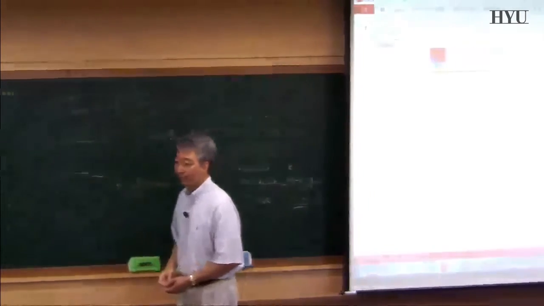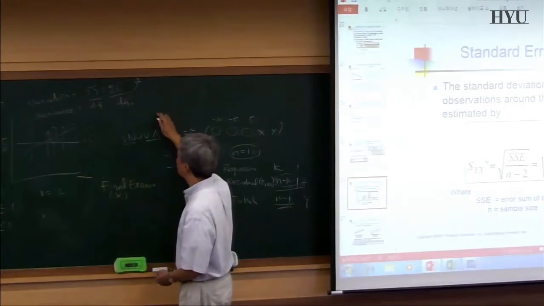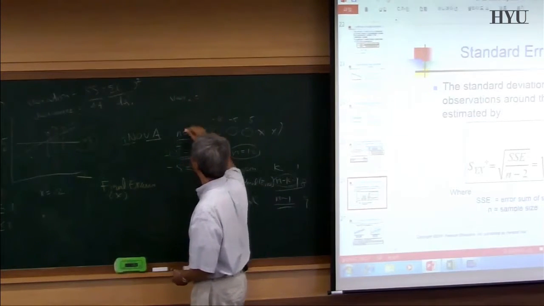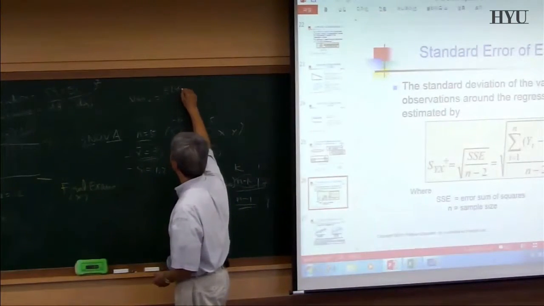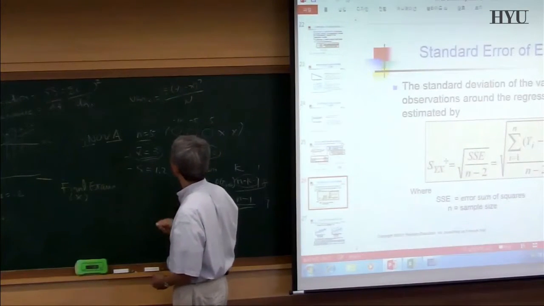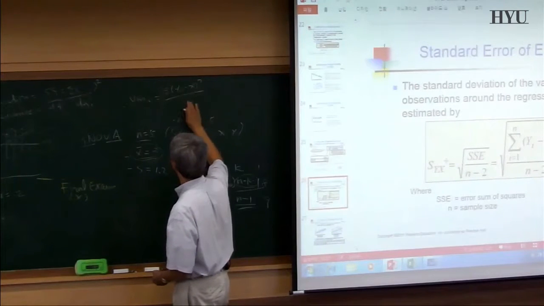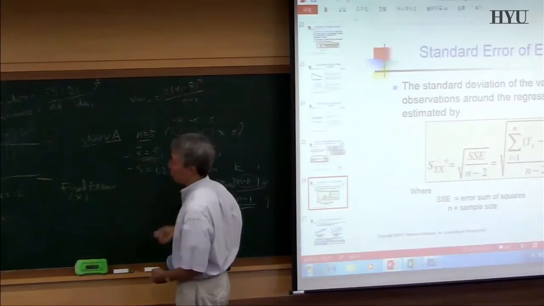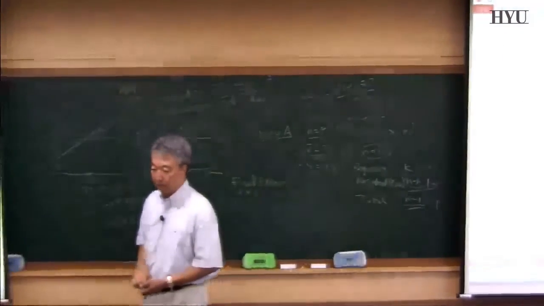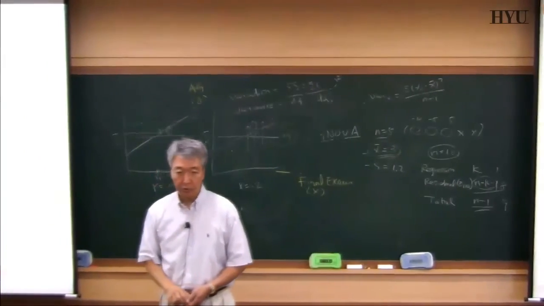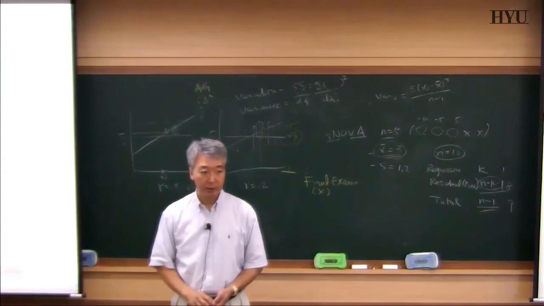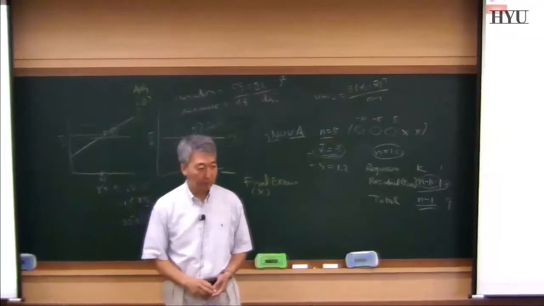Typical variance you've learned so far: variance of x was summation of xi minus x bar squared divided by n, or n minus 1 if you use sample mean. So keep that in mind. When I say variation, I mean sum of squares, and if you divide the sum of squares by degrees of freedom, it becomes variance.